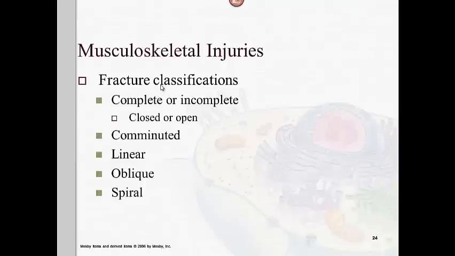You also have the linear, the oblique, and the spiral fracture. Linear runs parallel to the long axis of the bone. The oblique is a slanted fracture of the shaft of the bone, and a spiral fracture encircles the bone. There's also a transverse fracture that occurs straight across the bone.